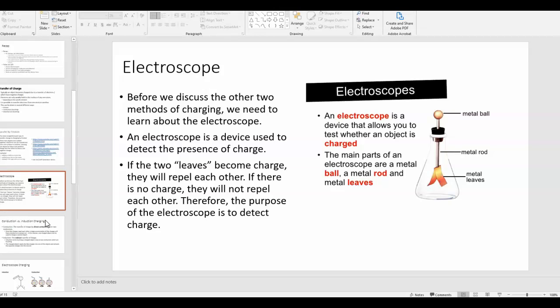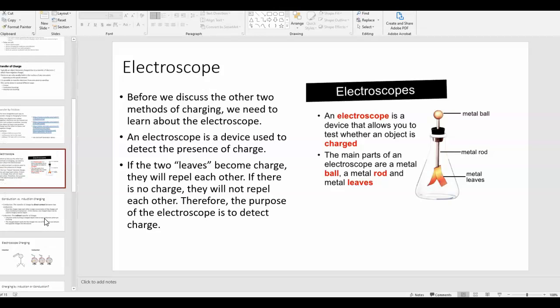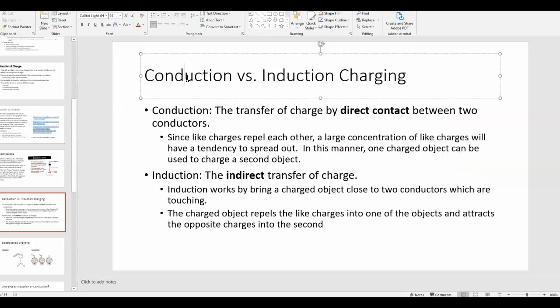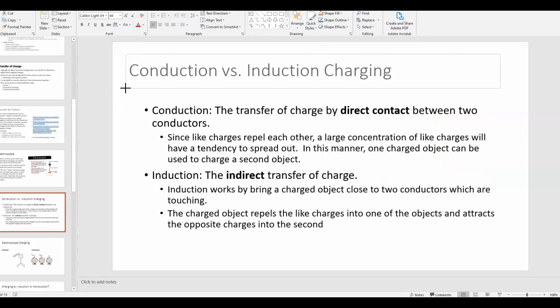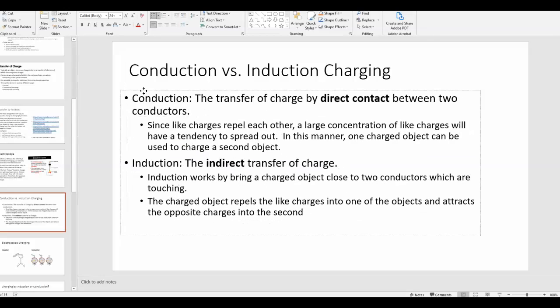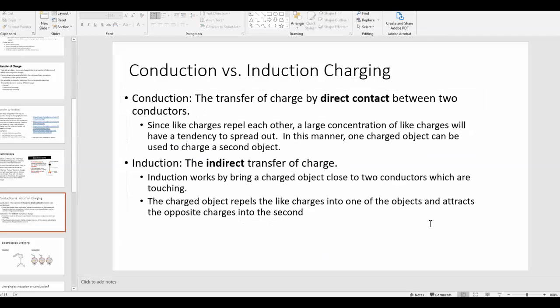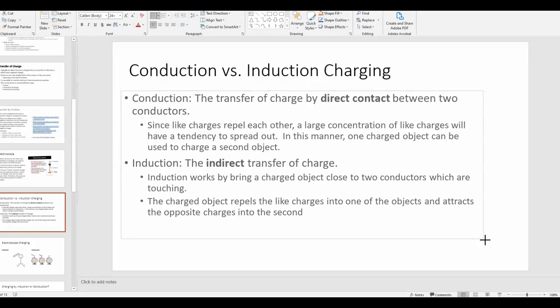Okay, so we talked about charging by friction. Now let's talk about charging by conduction and induction. The main difference is that the transfer of charge by conduction involves direct contact between two objects. It says two conductors, but really just any two objects.